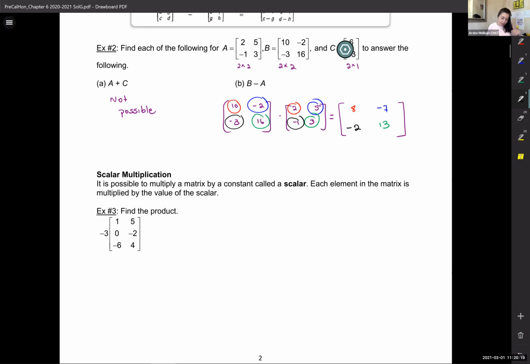Scalar multiplication. All right. Again, the world of matrices is a totally different realm than the world of real numbers. What we do in 2 to 3 lessons here is actually a whole field of mathematics on its own.